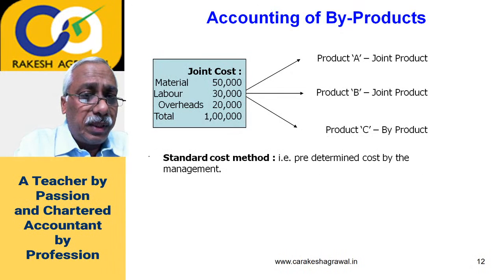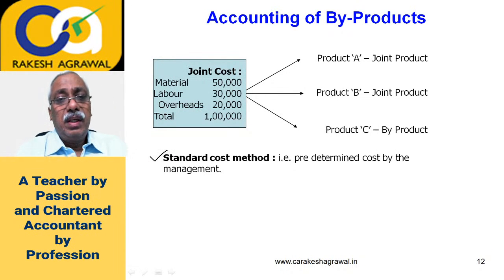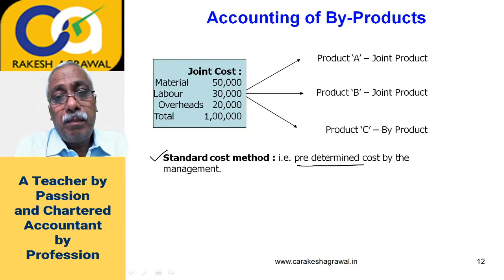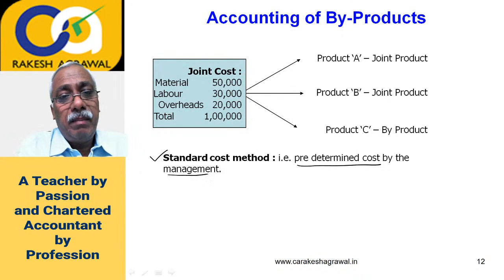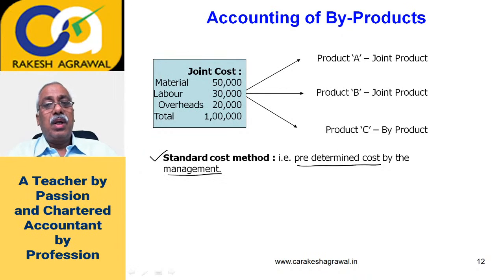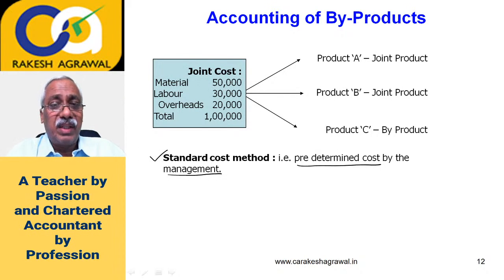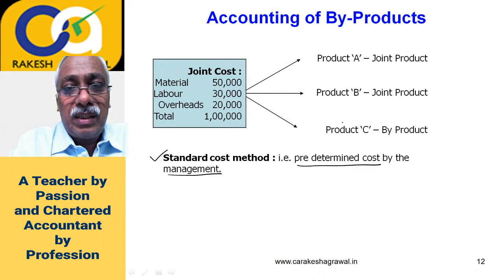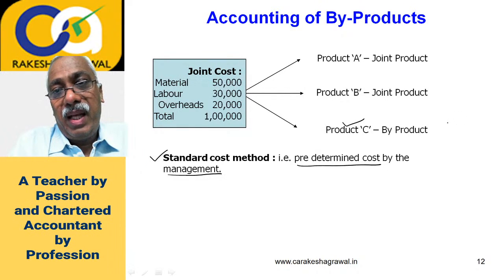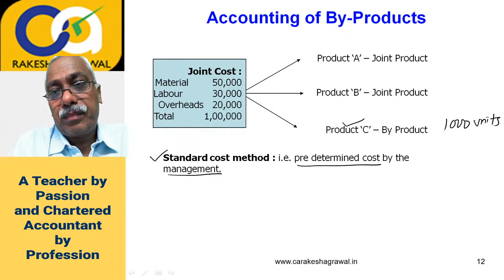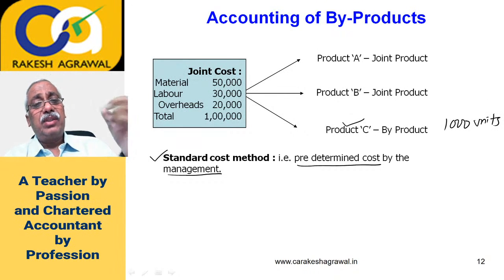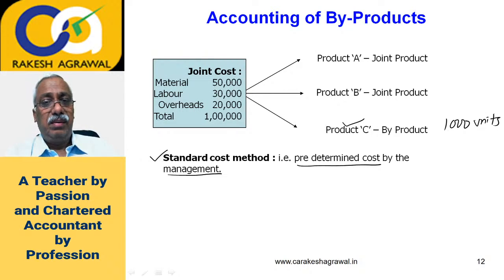Then standard cost method. This is another method. Here the cost is predetermined by the management, already determined based on their past experience. For example, suppose we assume that this product C, which is a byproduct, we have manufactured 1000 units of byproducts, and management has already fixed its cost using their own calculation, which we call standard cost.